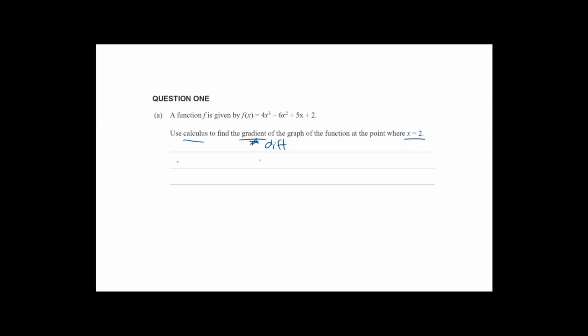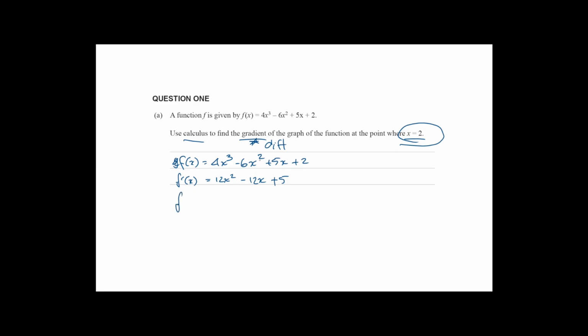It's a nice polynomial. So actually they give it to us as f. If f of x is this, 4x cubed minus 6x squared plus 5x plus 2, we differentiate that, we're going to get 12x squared minus 12x plus 5, and then they want us to know the gradient where x equals 2.